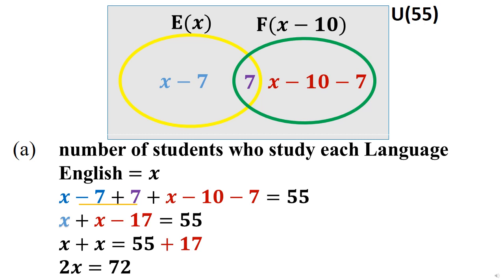So to find those who study each language means that we have to find the English language number of students. After that, we also find French. So our English is equal to x. Now let's come to our Venn diagram.